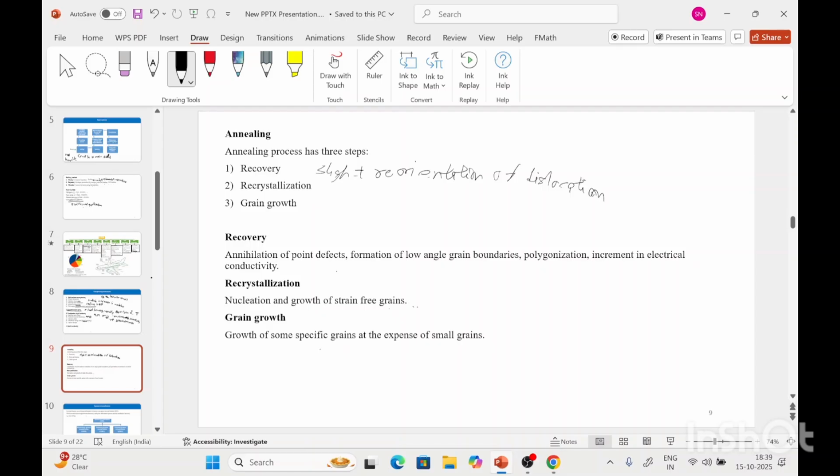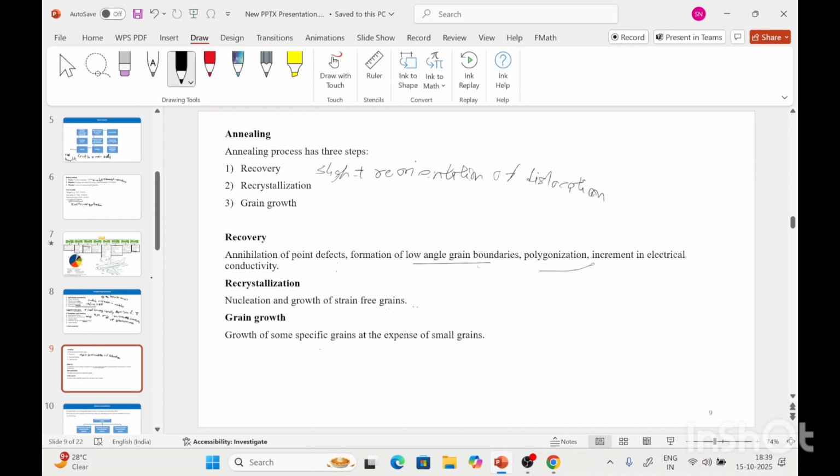In recovery, annihilation of point defects occurs, then formation of low angle grain boundaries. By the orientation of dislocations in some arrangement, that will create the low angle grain boundary.